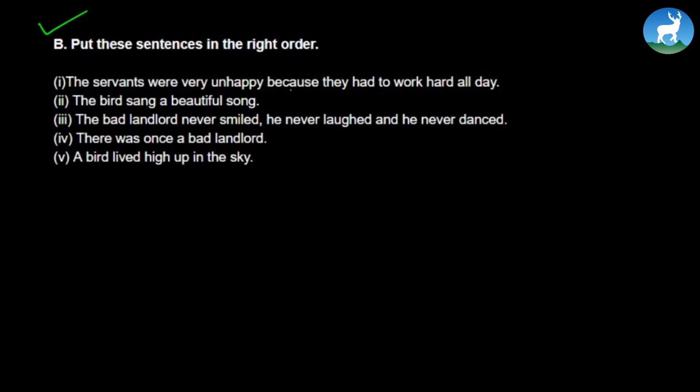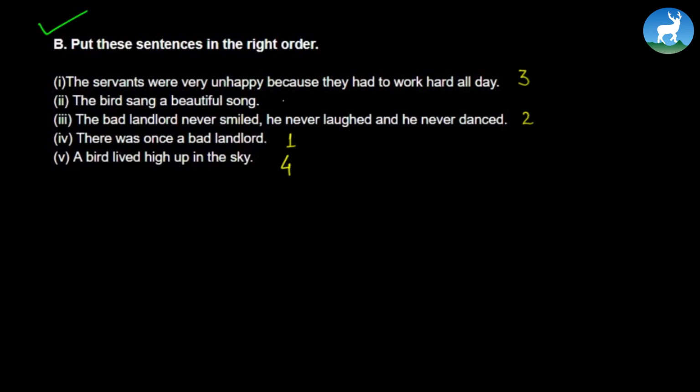If you look at these five sentences, the first sentence that comes up in the story is, there was once a bad landlord. The second sentence is, the bad landlord never smiled, he never laughed, and never danced. The third one is, the servants were very unhappy because they had to work hard all day. Number four is, a bird lived high up in the sky.